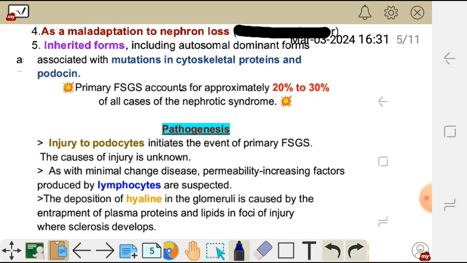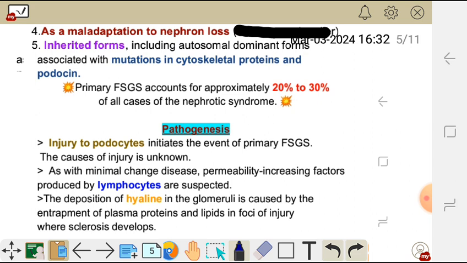Okay, and we said that in nephrotic syndrome we have about three main features which are observed. We have proteinuria, which is loss of protein in urine. We have hypoalbuminemia, which is low levels of albumin in the blood, and we also have what we call hyperlipidemia.